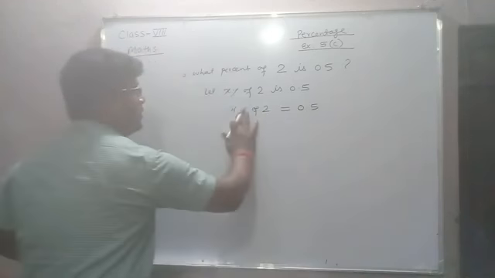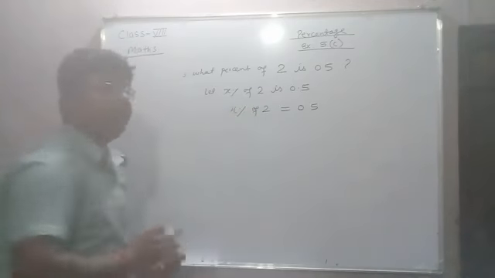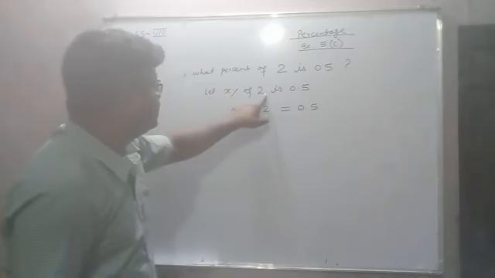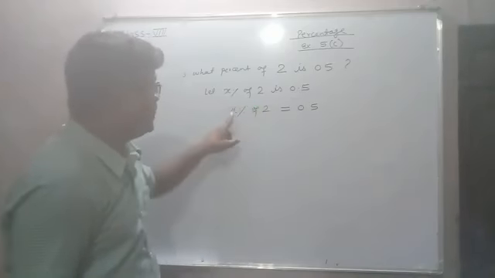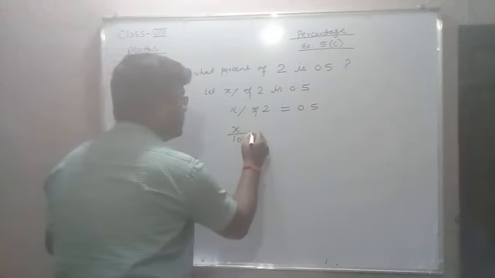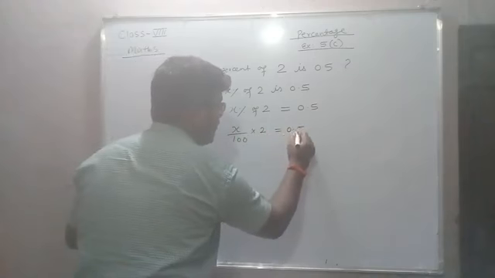We have supposed x percent of 2 is 0.5. The meaning of x percent is x upon 100, and of means into, so x upon 100 into 2 is equal to 0.5.